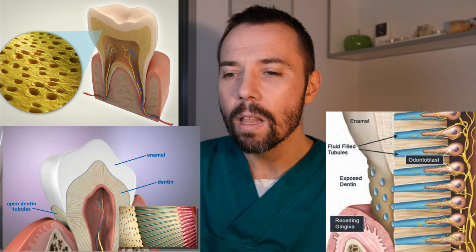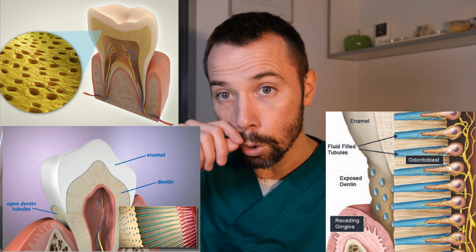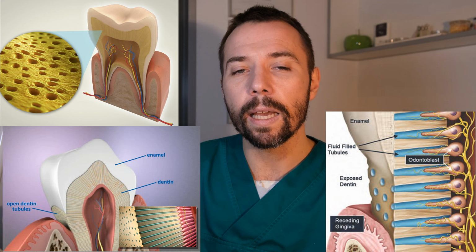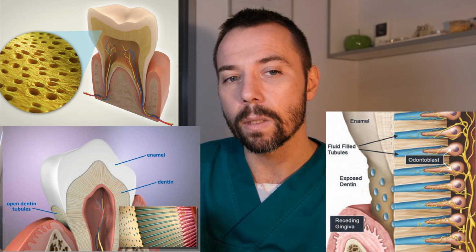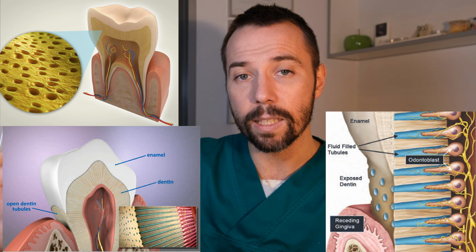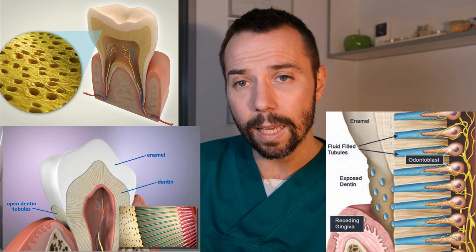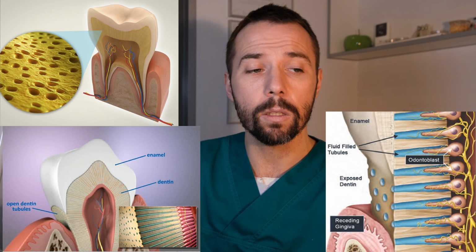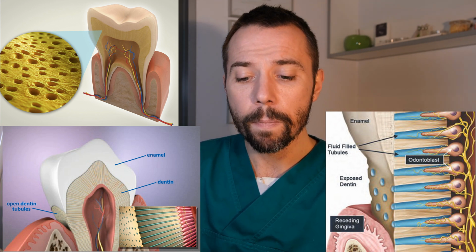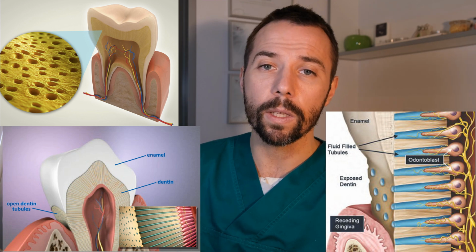It has canals, those tubules that you can see under the microscope, and a nerve ending goes through it with a cell. So this hurts if you touch it, press it, drill it, fill it, or infect it with bacteria. This is when we say that the tooth can hurt because of it.